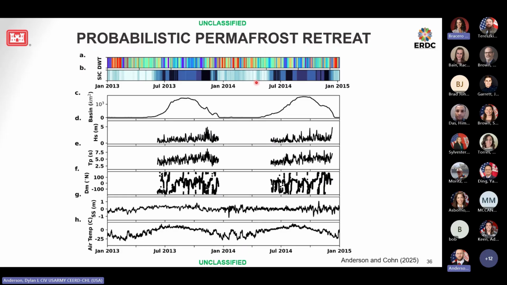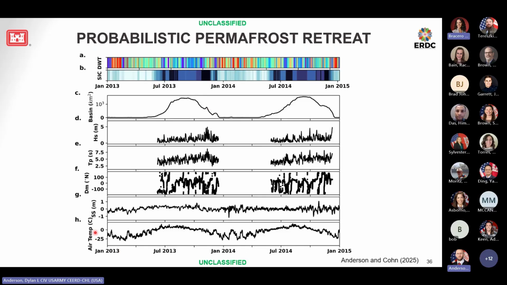And so now we're able to make synthetic records where we grow our basin size, and as a result, we allow ourselves to have waves. But then as our basin size shrinks and as sea ice expands and eventually shuts off, we turn waves completely off, right? So waves are this seasonal conditional thing that is directly tied now to sea ice.